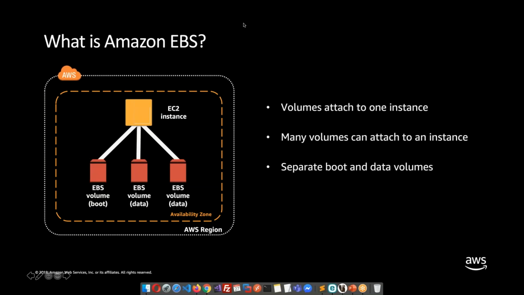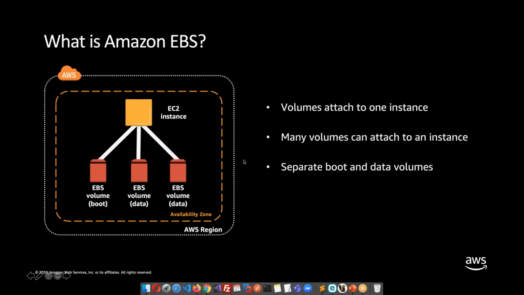A volume can be attached to one instance, but many volumes can be attached to an instance. Then we can separate boot and data volumes. As of today, the limitation of an EC2 EBS volume, in terms of size, is up to 16 terabytes.